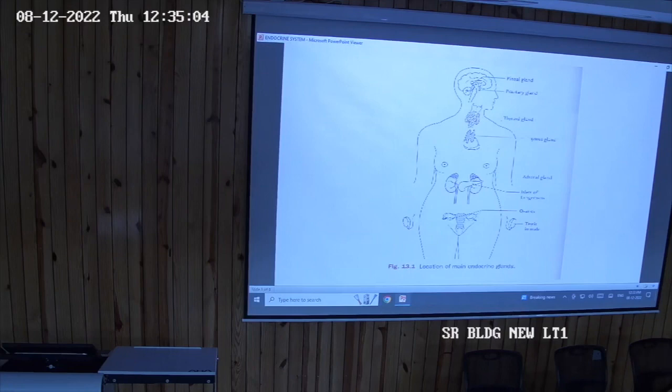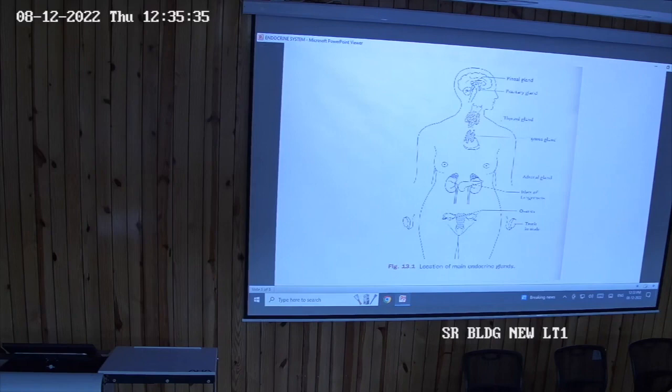So benign enlargement of the thyroid gland is called goiter. They are not suffering from any disease, but there is benign enlargement of the thyroid gland. So without diagnosis, don't confuse it with hyperthyroidism or hypothyroidism. No. That is benign enlargement of the thyroid gland. That is called goiter.